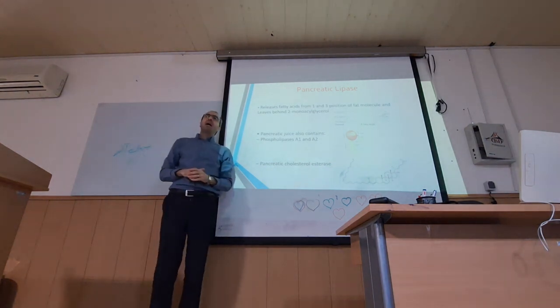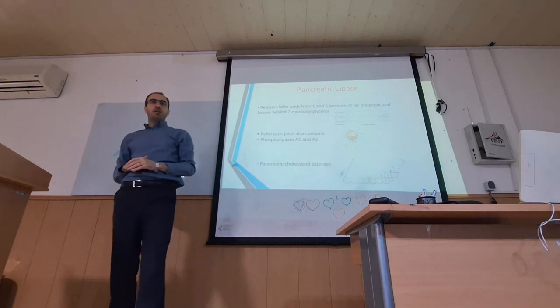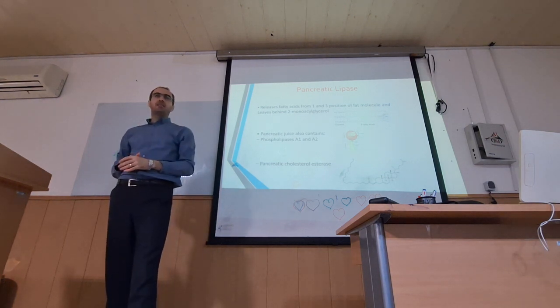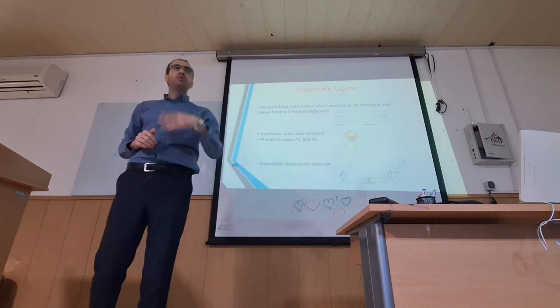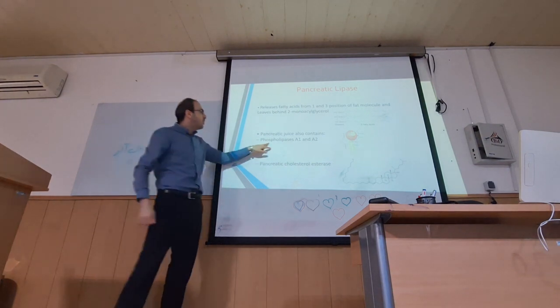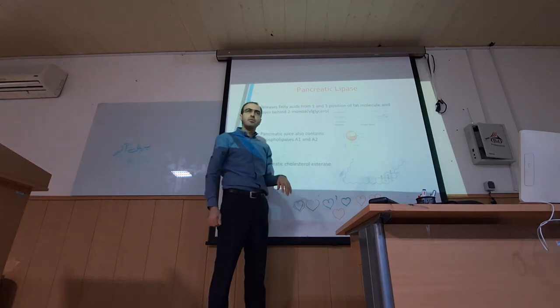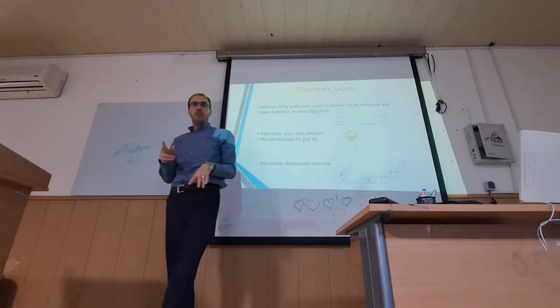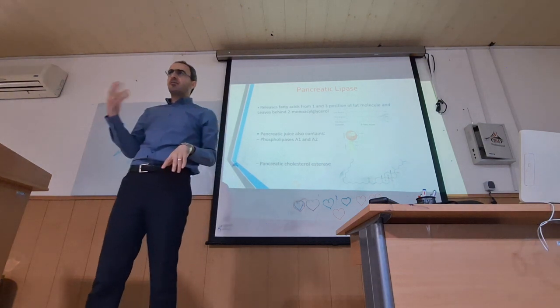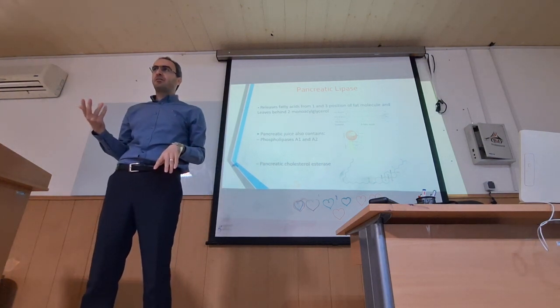also we have a different kind of phospholipids. You learned in the previous semester phospholipase A1, A2, C and D. Phospholipase A1 and A2 release 2 fatty acids from phospholipids. You remember the structure of phospholipids?